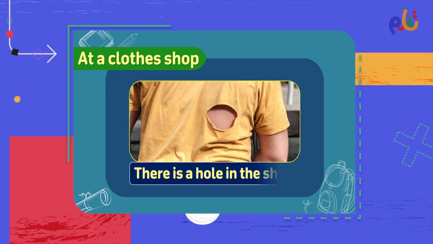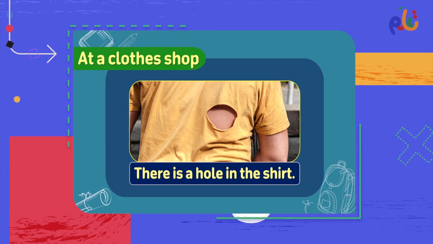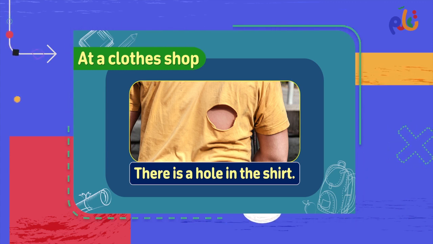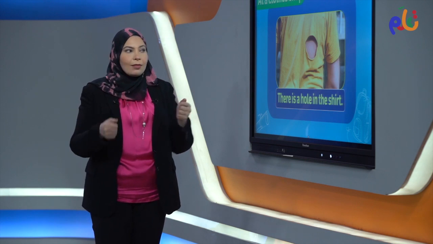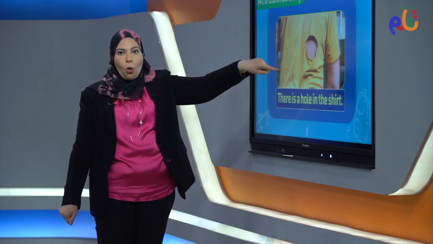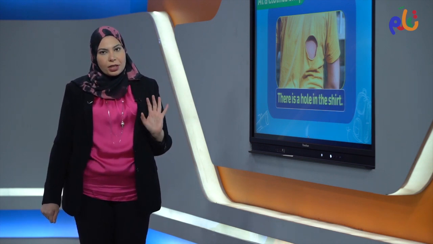And this is what I was just talking about a minute ago. Now we're not talking about the area that joins the t-shirt to the sleeve, for example. We're talking about the t-shirt itself. It has a hole in it. So there is a hole in the shirt, or there is a hole in the t-shirt.